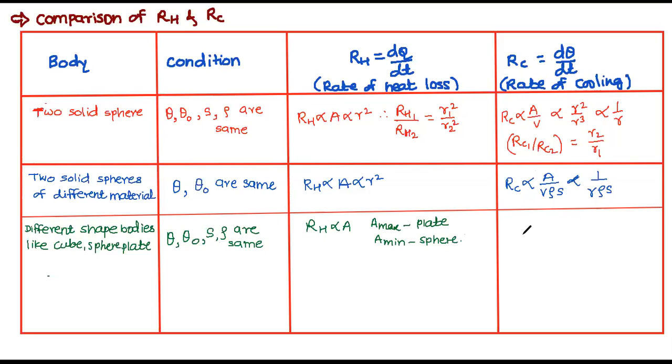In this case, as we have learned already, A by V: rate of cooling is directly proportional to area and inversely proportional to volume. From this you can find out all these things, right? Next.